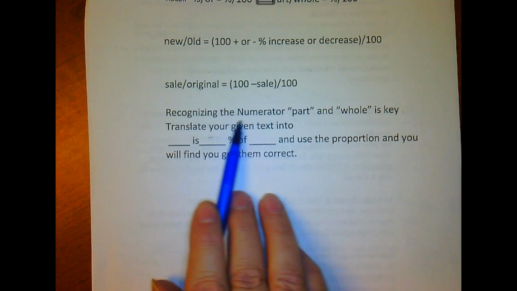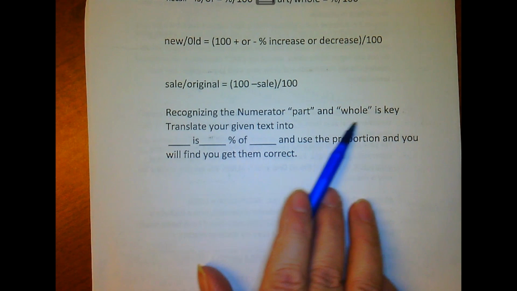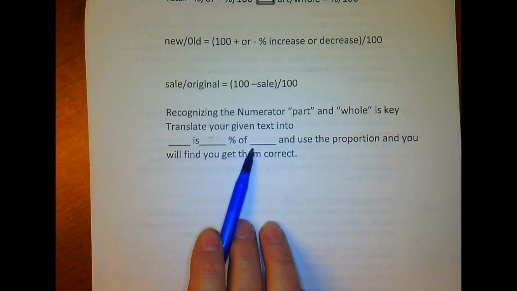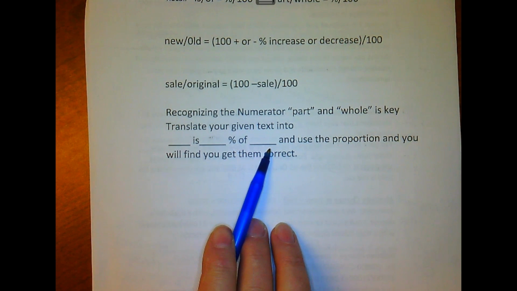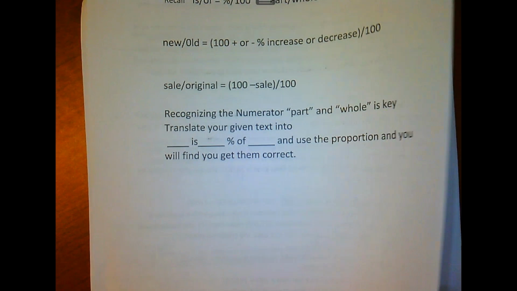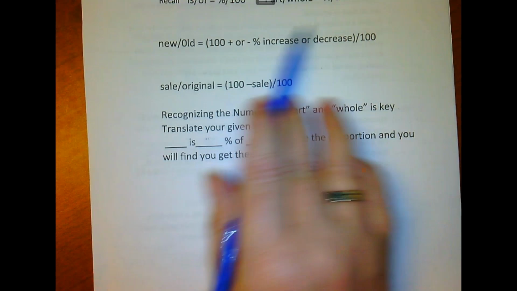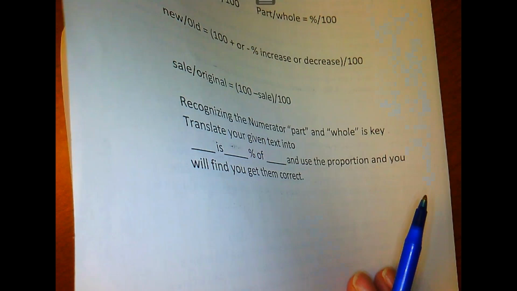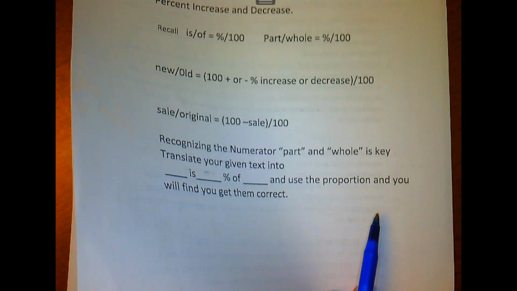It all goes back to recognizing the part and the whole, and when you translate it to blank is blank percent of something, then it can go right into here. And with practice and setting it up, they become very easy. But you just have to start doing them that way every time, and then you'll get them right.